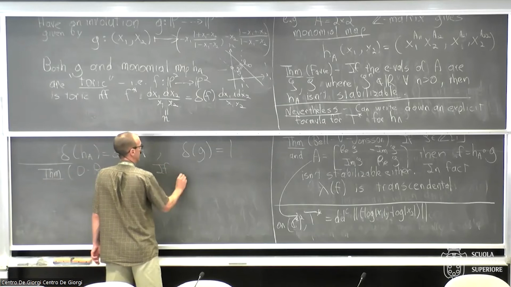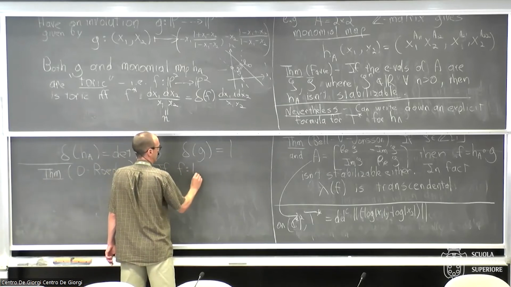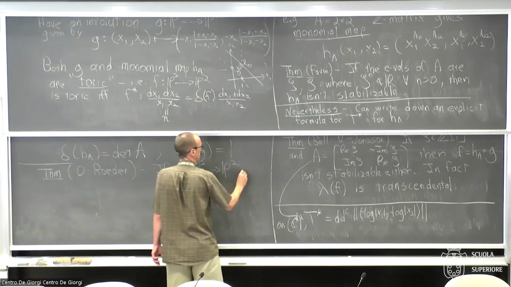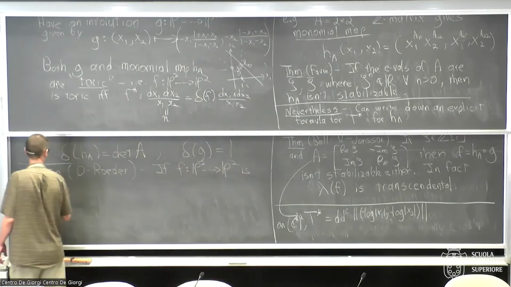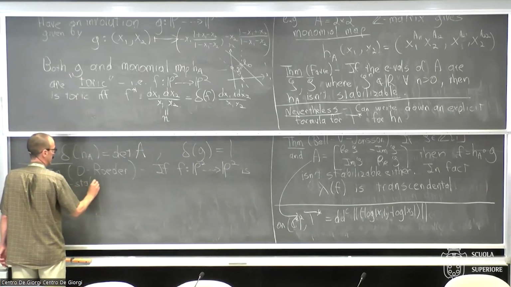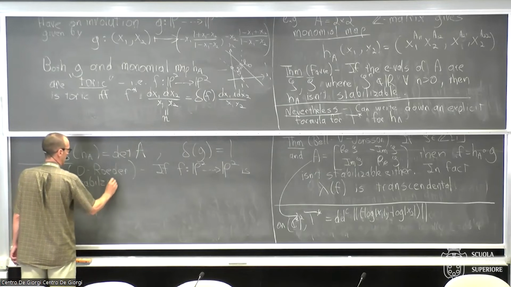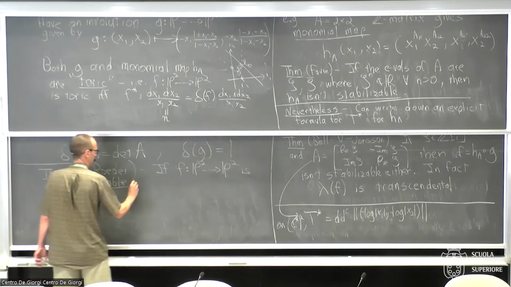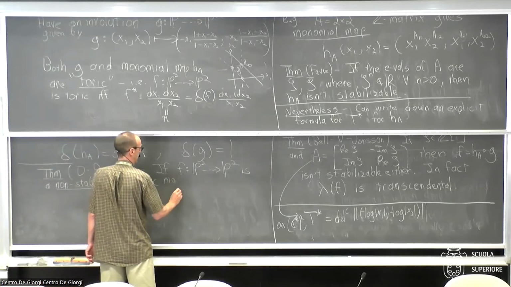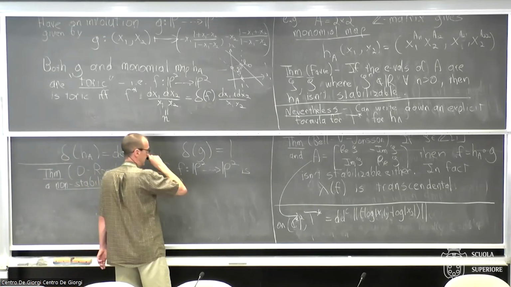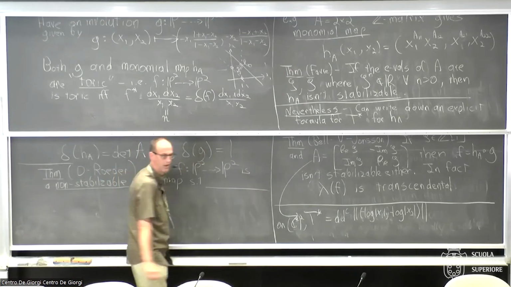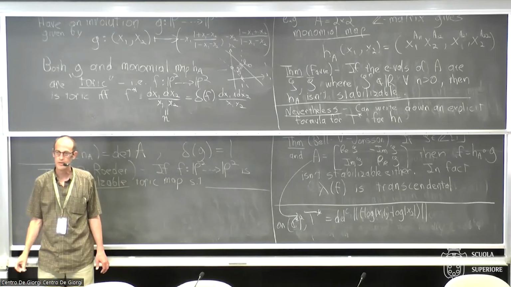So if F from P2 to P2 is a non-stabilizable toric map, such that there's another hypothesis that I'm not going to write down.